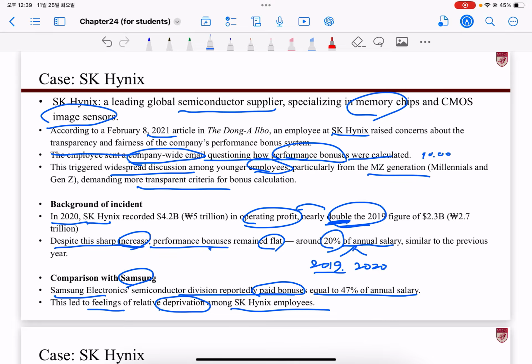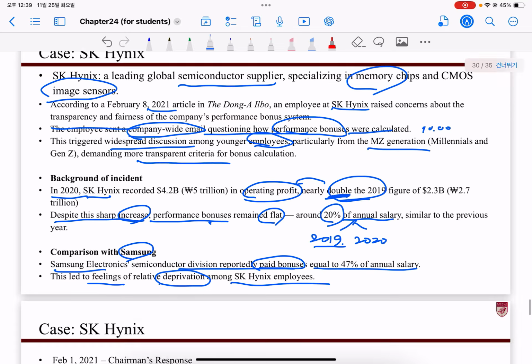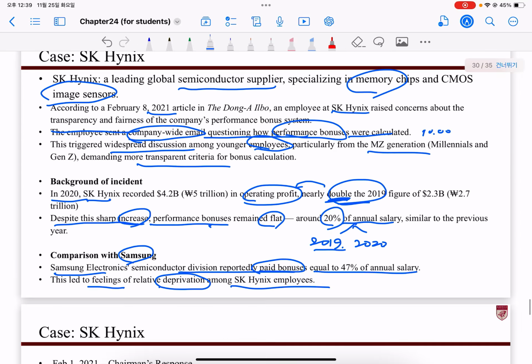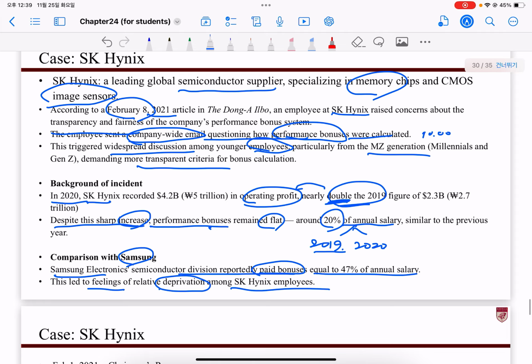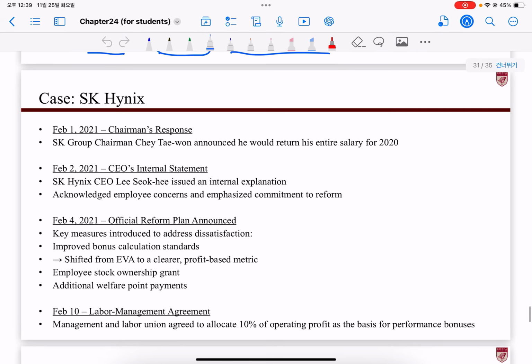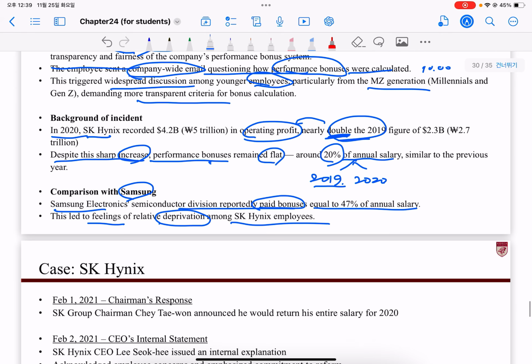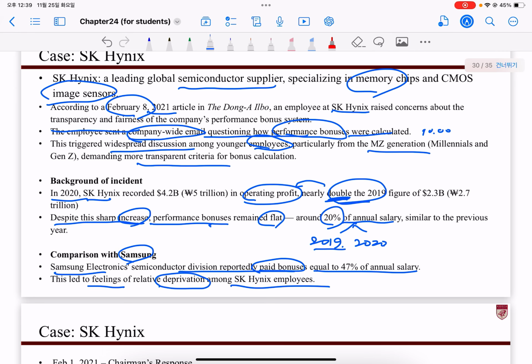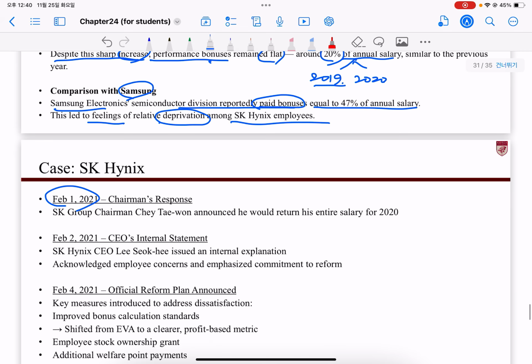Okay, so you see what's going on. So let's say the SK Hynix employee sent an email, I don't remember the exact date, but let's say it was before February 1st, okay?